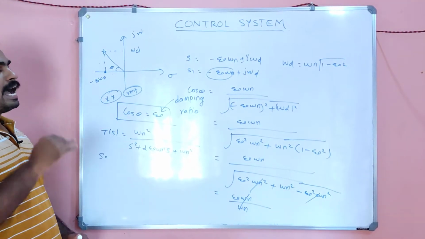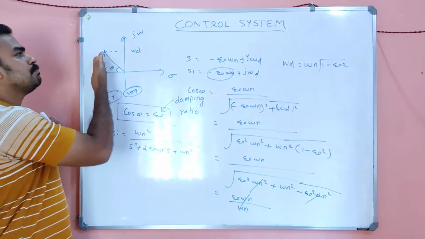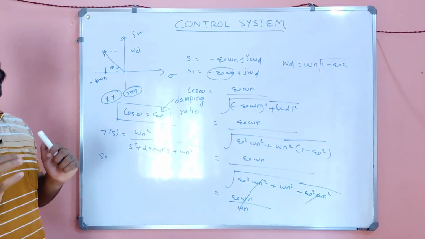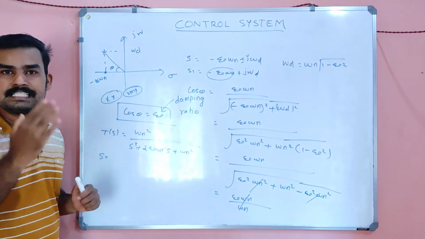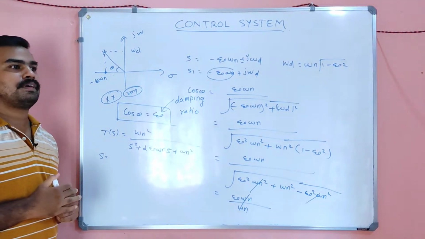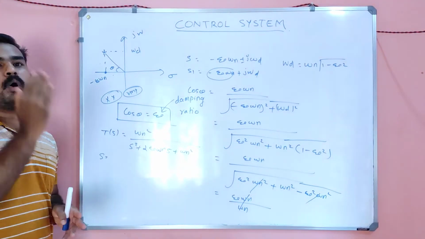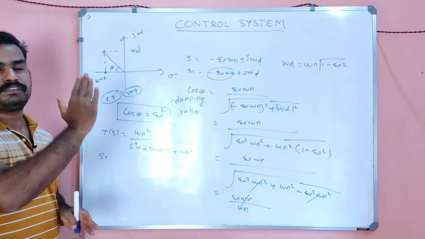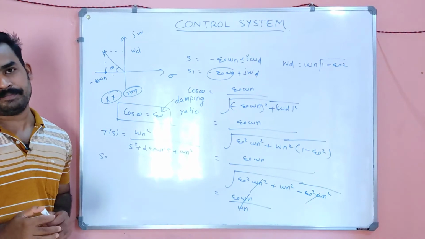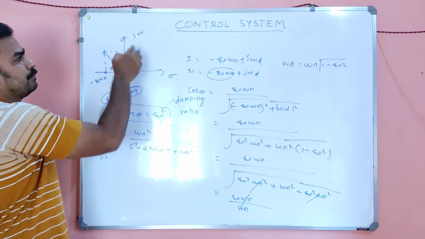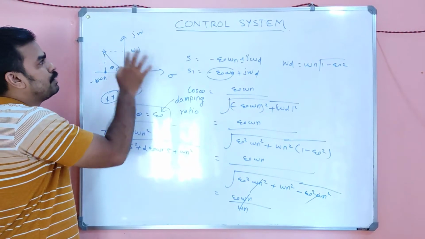Is it clear? And listen, my dear, I will tell you one easy trick to find the stability of the system. If the system is stable, then definitely all the poles will lie on the left side of the S plane. This is called the S plane, where S is equal to sigma plus j omega.